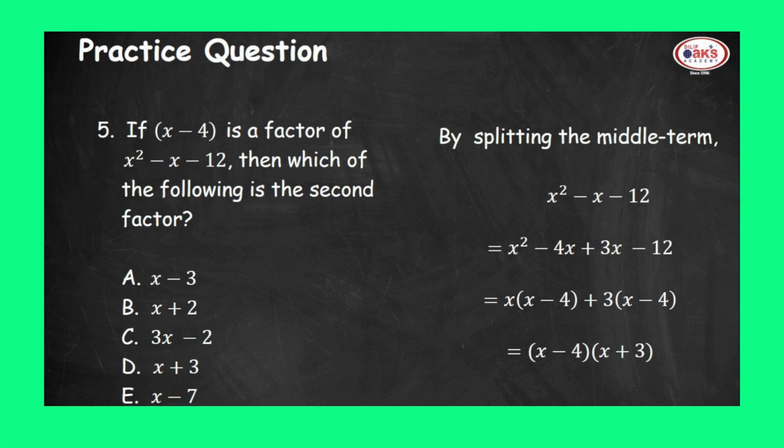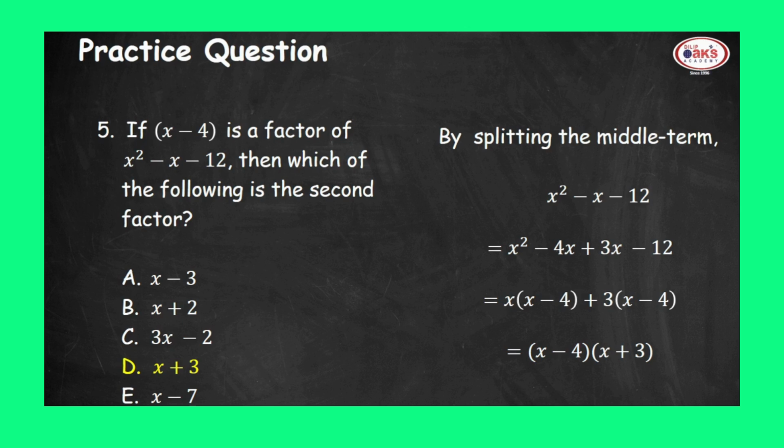Taking entire x minus 4 common, leaving x plus 3 in the bracket. And therefore you can see that x minus 4 is one of the factors that is already stated. So I have figured out the other factor has to be x plus 3. So using the factorization technique, we have observed that option D is the right answer here.